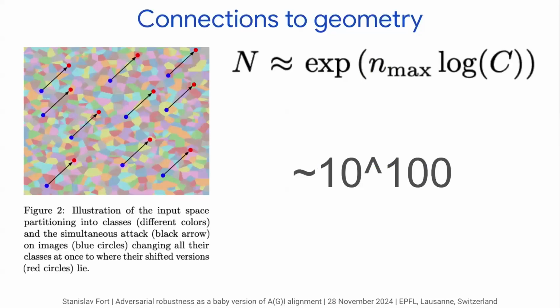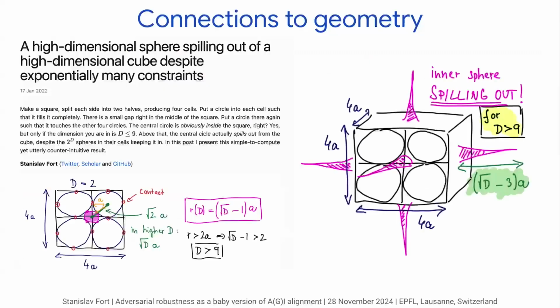So there's a huge amount of neighbors around each point, partially explaining why you can easily find the adversarial attack. If you want to move from a cat to a dog, there are a lot of dog cells surrounding your cat cell in very close proximity, because there are so many of them around you.